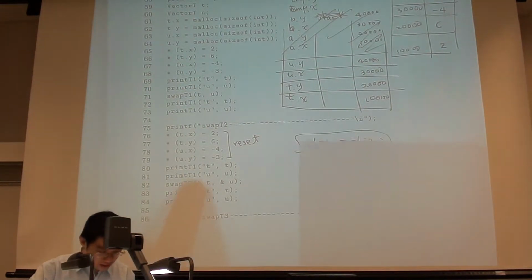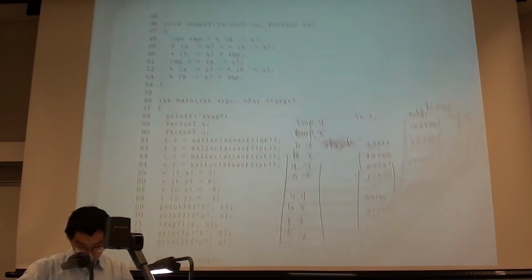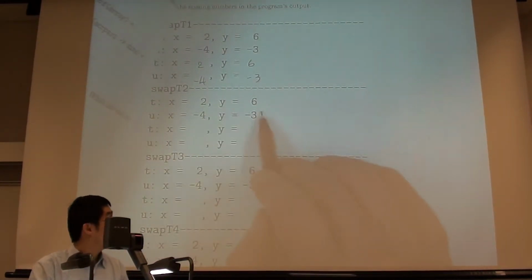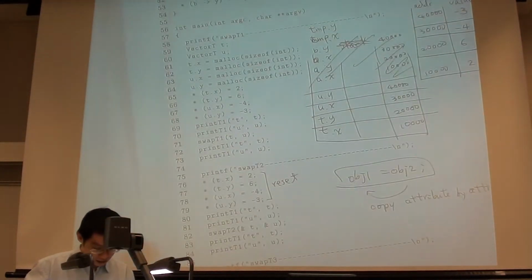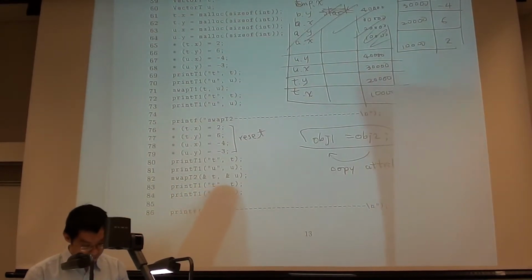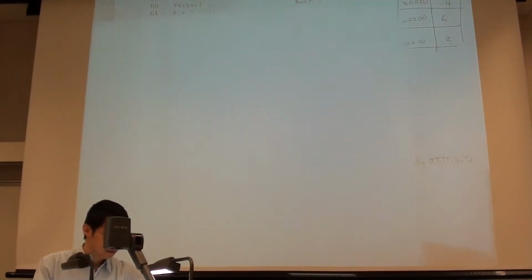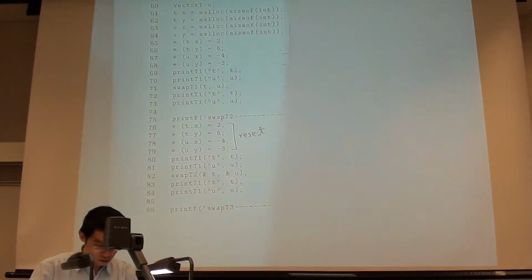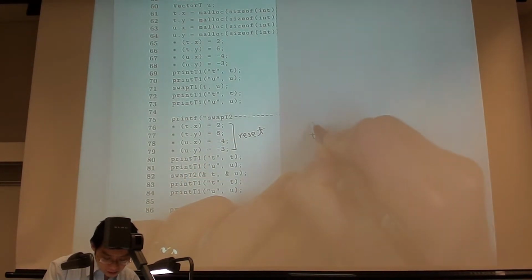The next situation is we print T and U again, so it will be 2, 4, minus 4, 2, 6, minus 4, minus 3. And next we ask you to do swap 2. Swap 2 uses pointers. So in this case, let me use another piece of paper. I'll draw it here. So you have T dot x, T dot y.